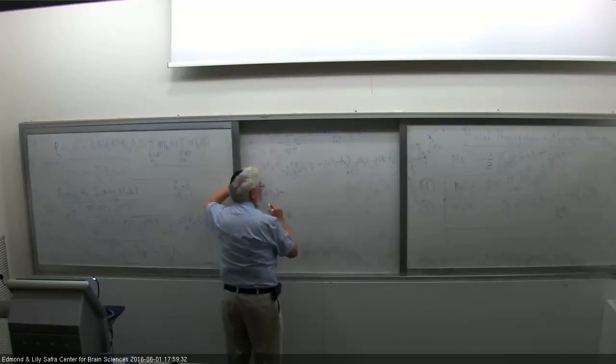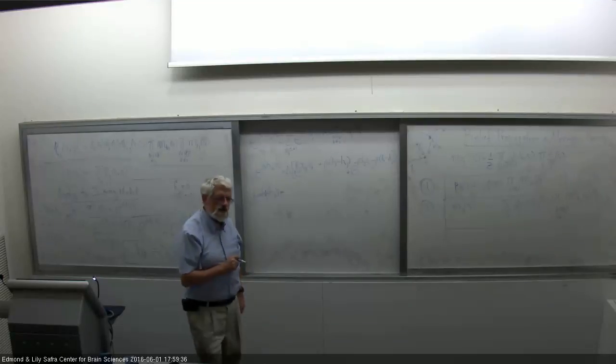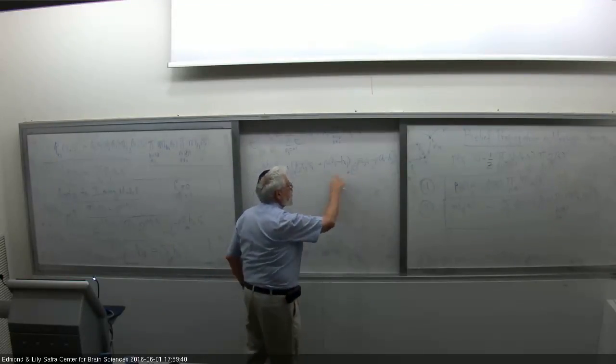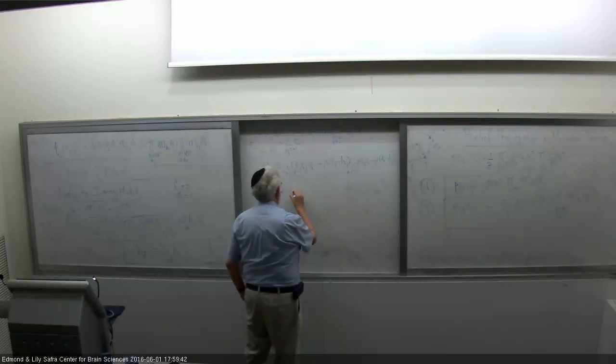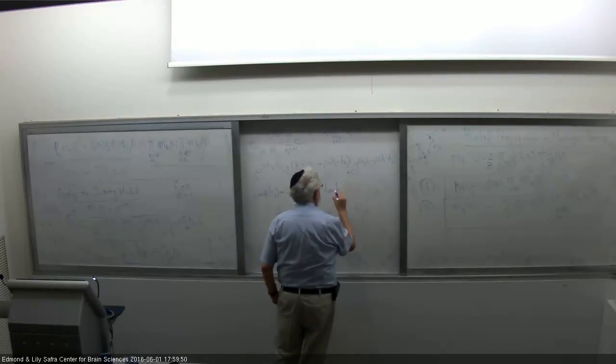And if you do the algebra, which I leave as homework and Gadi is in charge, you get a product of hyperbolic tangents: the hyperbolic tangent of beta J_ij times the hyperbolic tangent of this cavity-subtracted field.